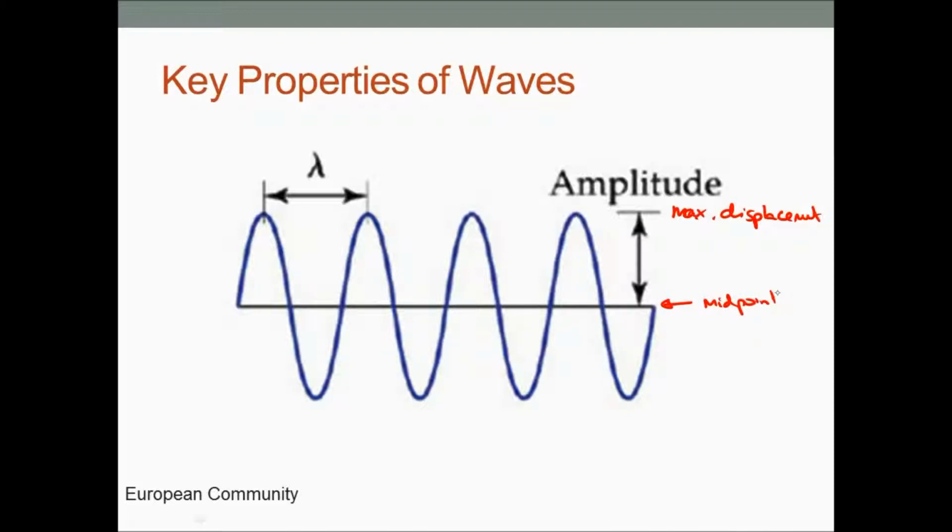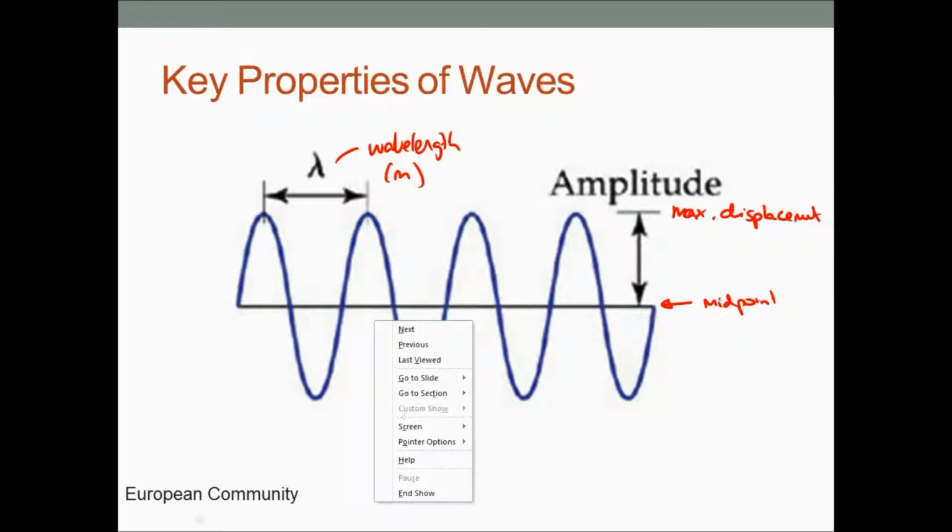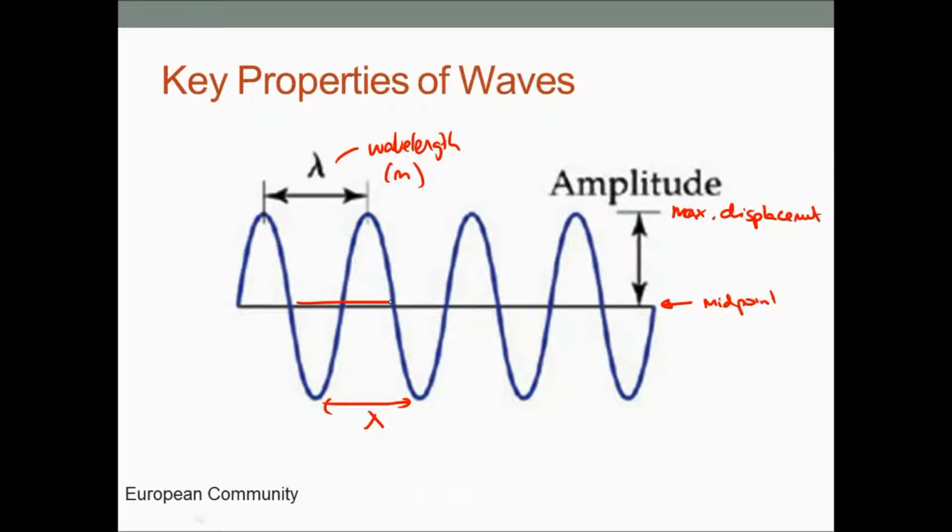The wavelength is the separation in length, so that's in meters, from one wave crest to another wave crest or trough to trough. So this is lambda, or from here to here.